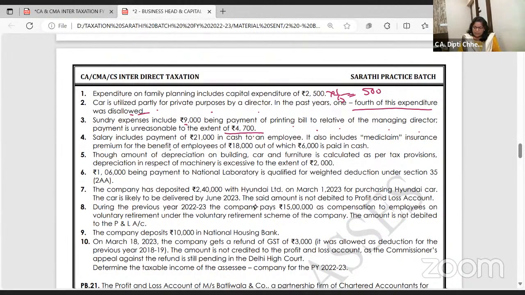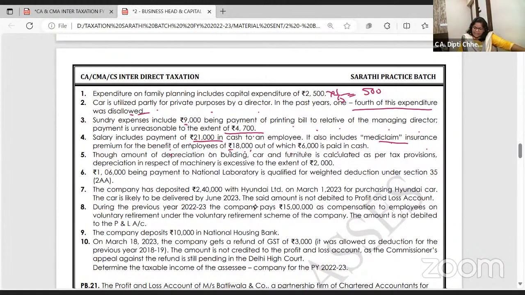Salary includes payment of 21,000 in cash to employee. Not allowed. It also includes medical insurance premium paid for the benefit of employee 18,000, out of which 6,000 is paid in cash. So Mediclaim, can you pay group insurance for your employees? Yes, but other than cash.